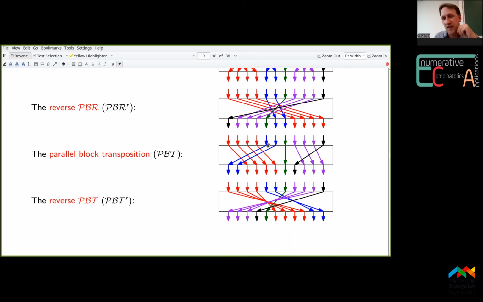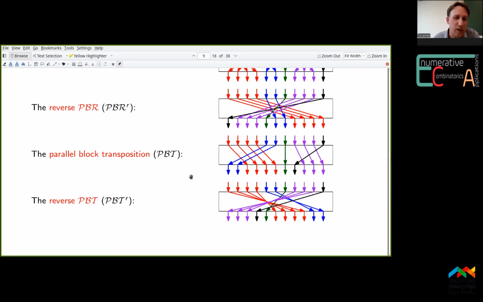And since I allow blocks of size 0, I can imagine that this fixed point here is really obtained by transposing a block of size 1 with a block of size 0. So this fits into my definition as well.